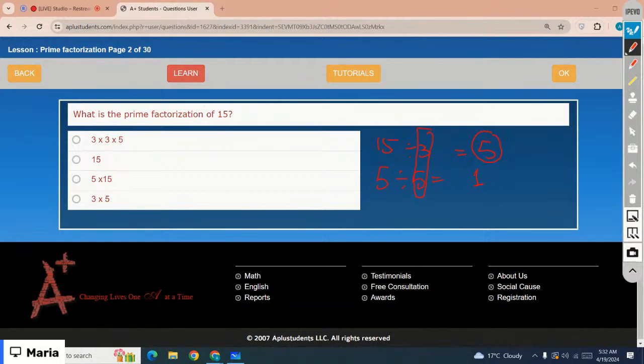So these are the two numbers you divided with, so they are the factors. 3 times 5 is 15. Yes, that is 3 times 5.